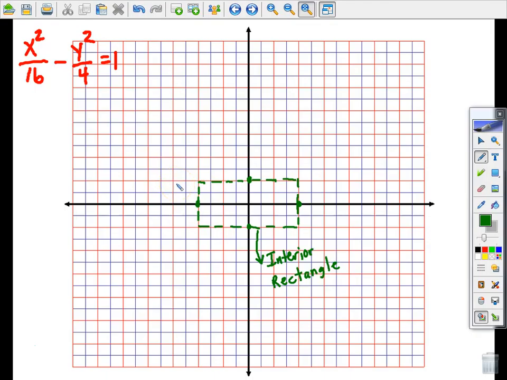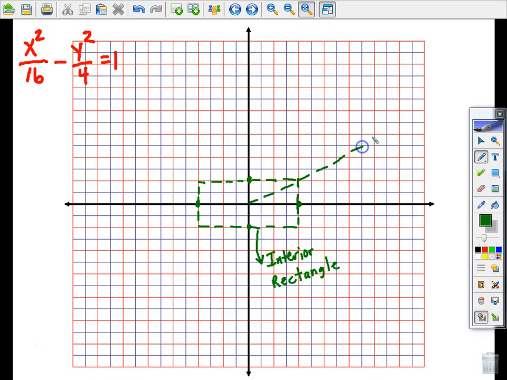Okay, now is where your straight edge is going to come into play. You don't really need a straight edge to draw this box, but you do need a straight edge to draw a couple of lines. And here's how we're going to draw them. You're going to line up these opposite corners of the box and the origin, because the origin is going to be the center of all your hyperbolas in this lesson. And I want you to draw a dotted line that goes through those opposite corners and the center, the origin.